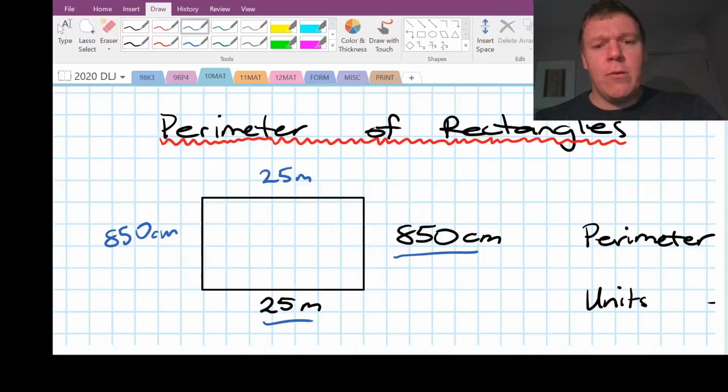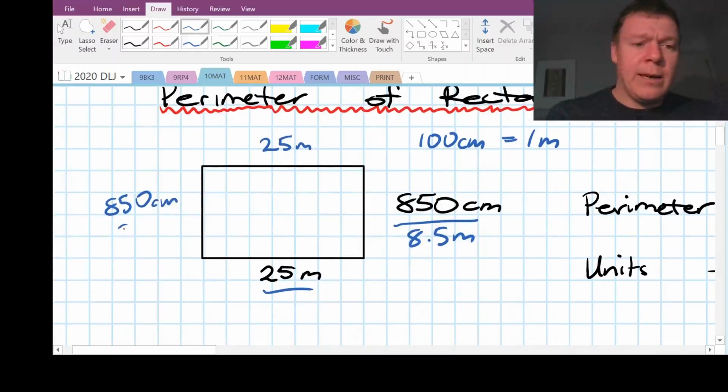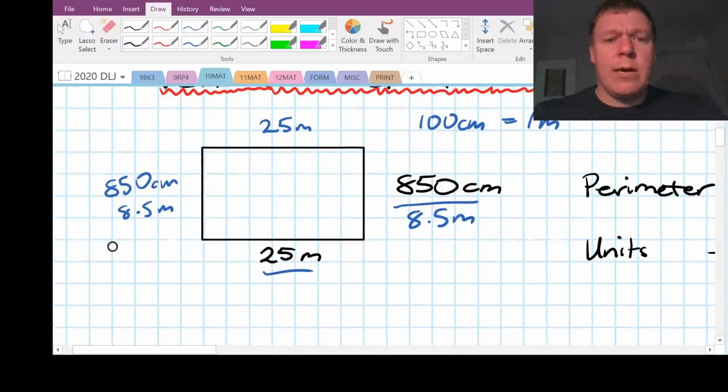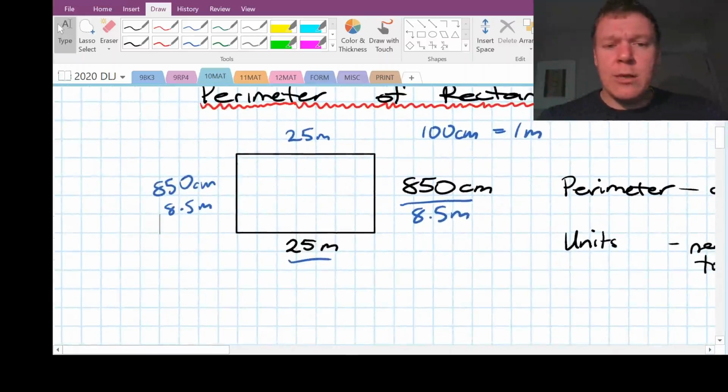So I always like to get the numbers smaller. So what do we know about centimeters? There's 100 centimeters in 1 meter, so 850 centimeters will be 8.5 meters, and that would be 8.5 meters over there. Okay, so perimeter is basically just the whole length around a shape.